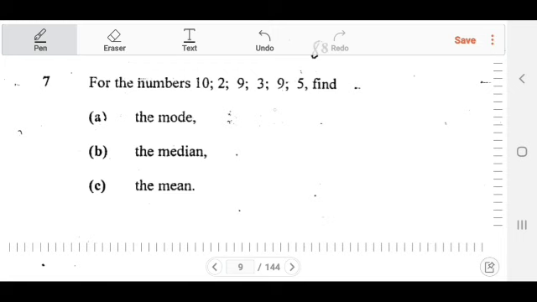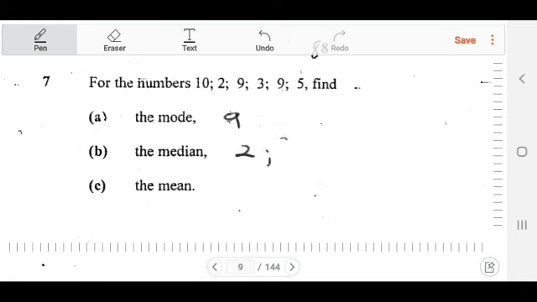Number 7, for the numbers 10, 2, 9, 3, 9, 5, find the mode. The mode is the one that appears the most, which is 9. Then the median, we're supposed to find the center when these numbers are arranged in ascending order. So let's arrange them in ascending order. We've got the smallest, which is 2.